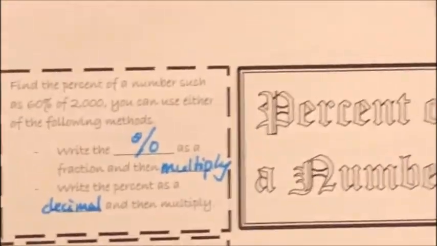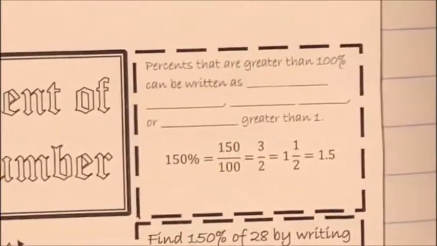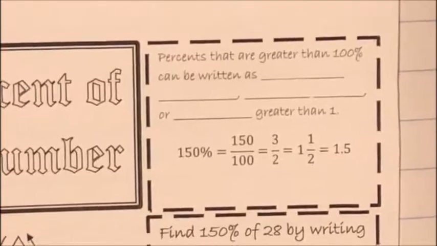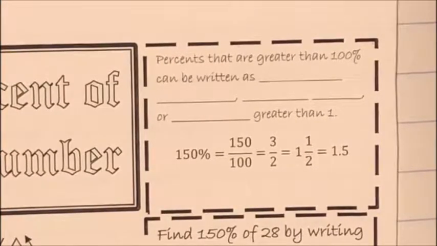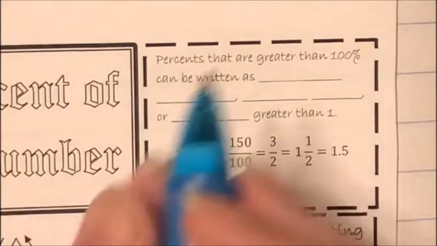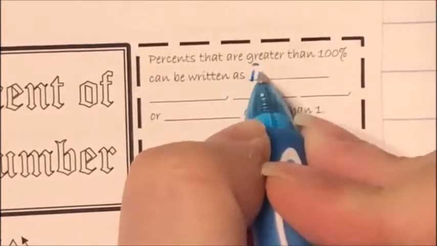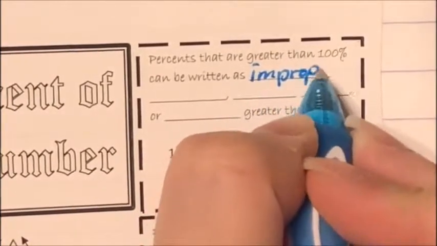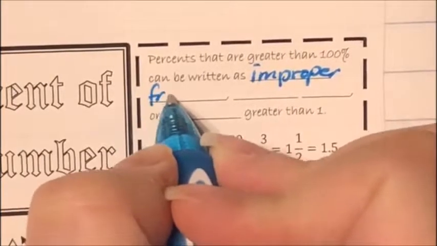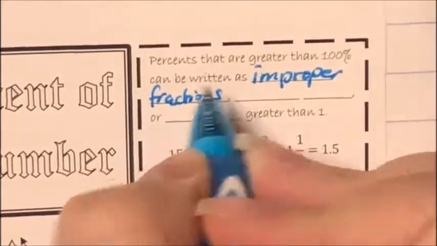In the other box right next to percent of a number, okay, it says percents that are greater than 100% can be written as blank, blank, or blank greater than 1, okay?